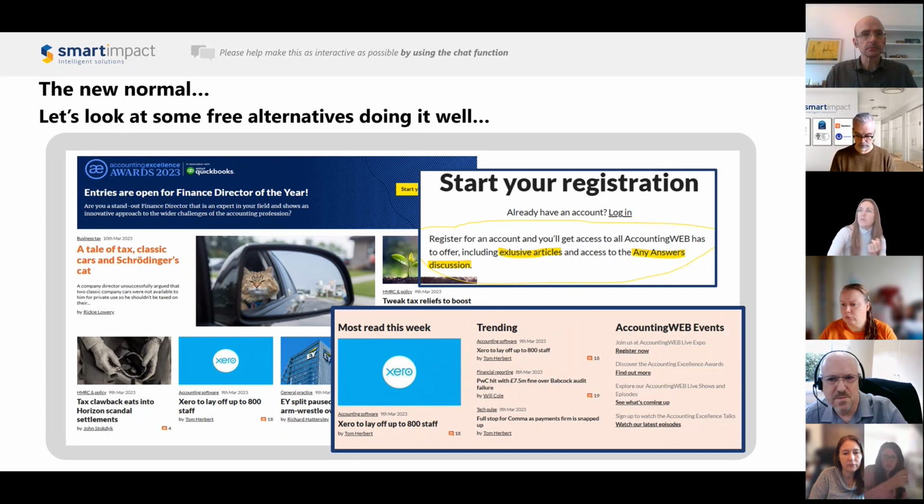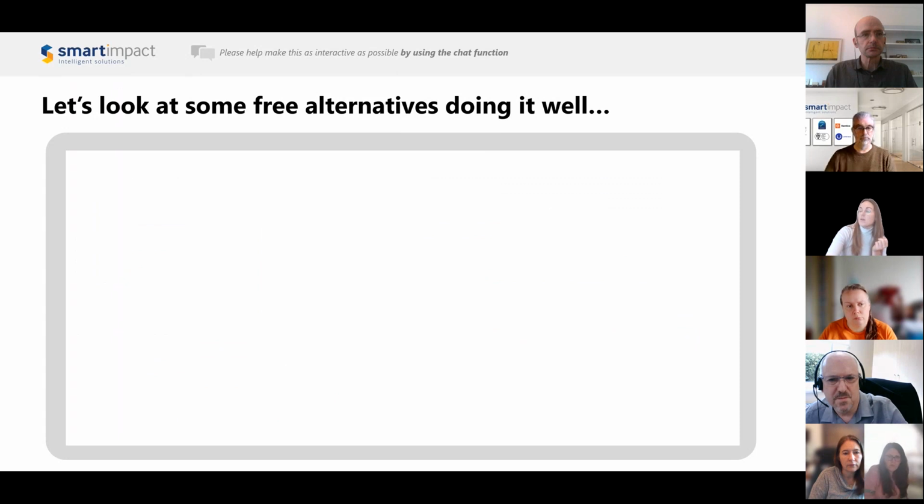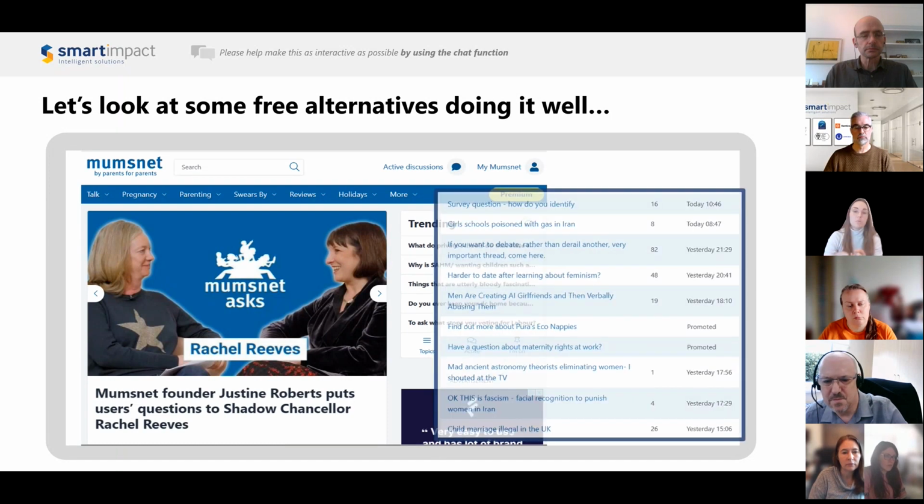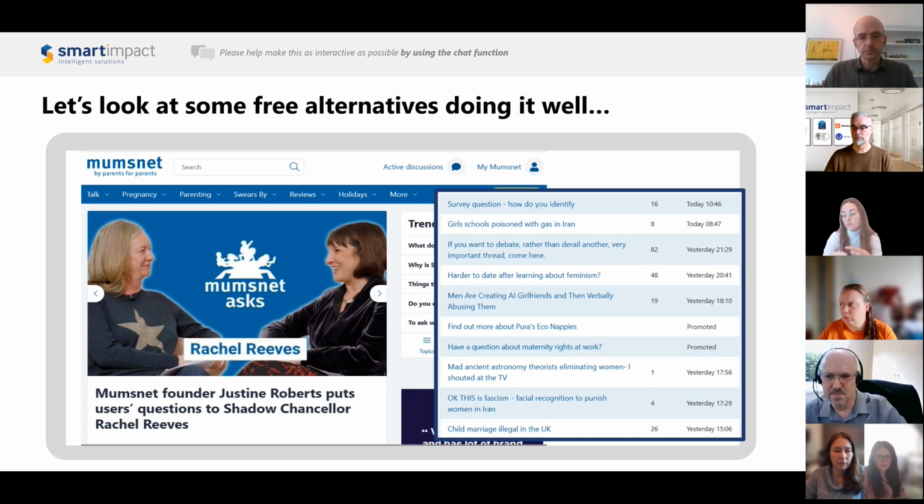and that's how it funds itself essentially. Okay, another example is Mumsnet. Mumsnet is a very vibrant community where people, of course mothers, but not only that, a lot of childcare professionals also sign up to this website, and they form their own communities on here where they can discuss everything in terms of childcare, social care, all that kind of stuff.